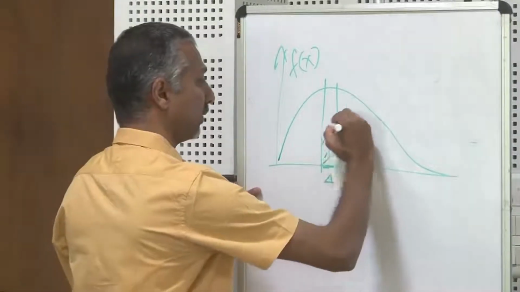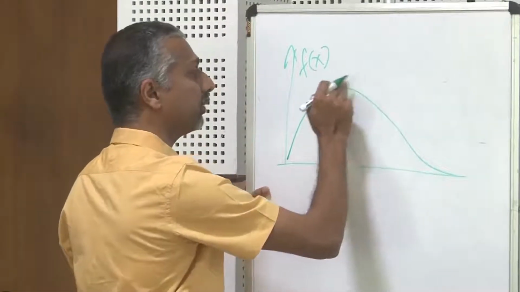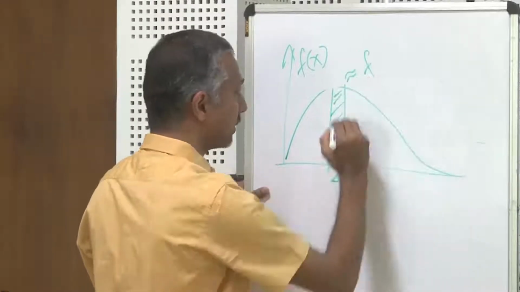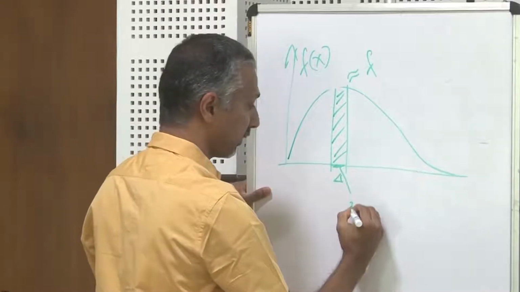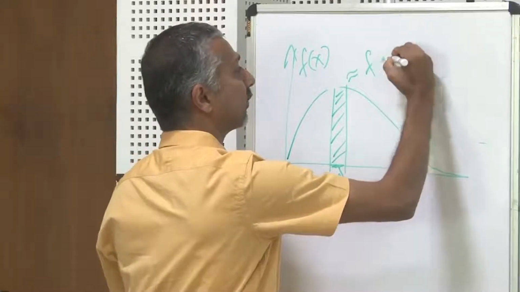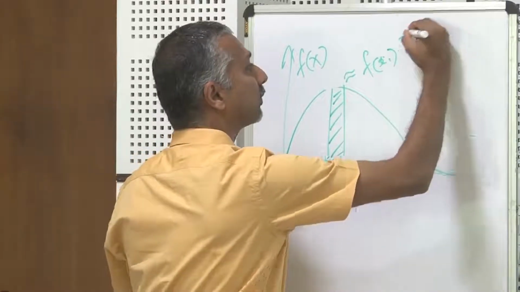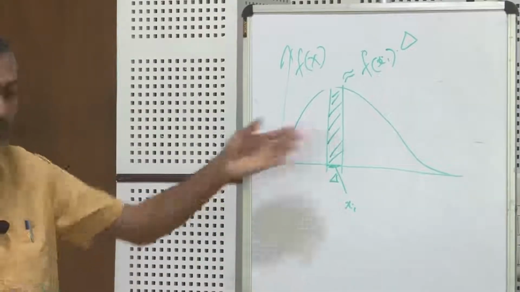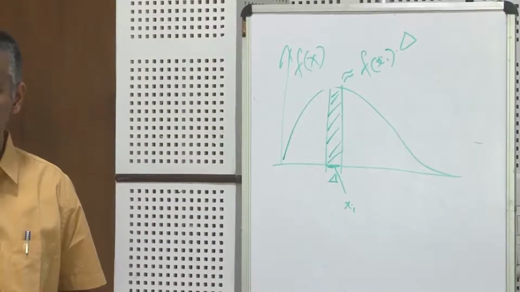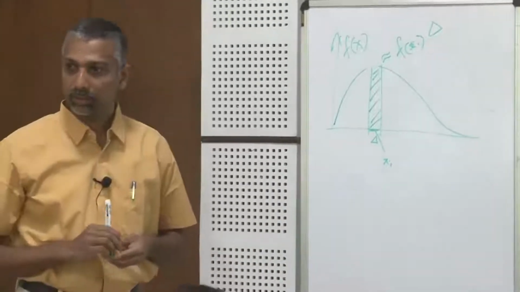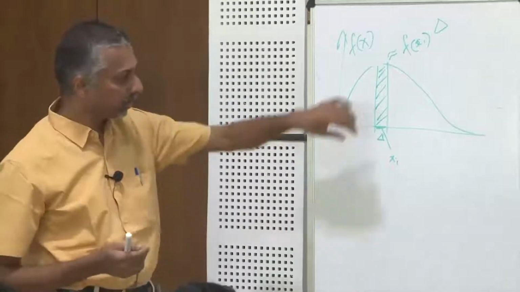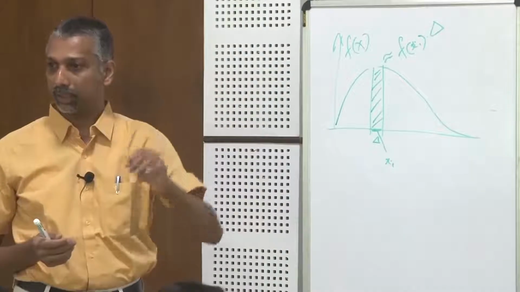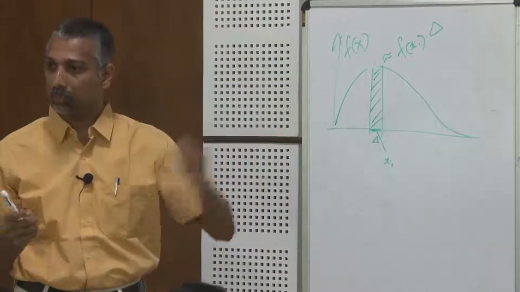For small enough delta, this is approximated by f(x). Let us say this is x_i. So, this is f(x_i) times delta. It is the area under that thing, that is all I am taking. So, you can use uniform quantization, and for each ith point you give f(x_i) times delta, because we know the density function, that is the probability of that.